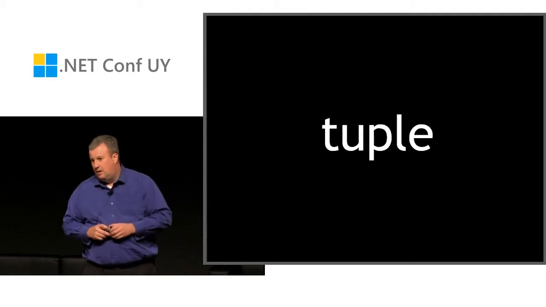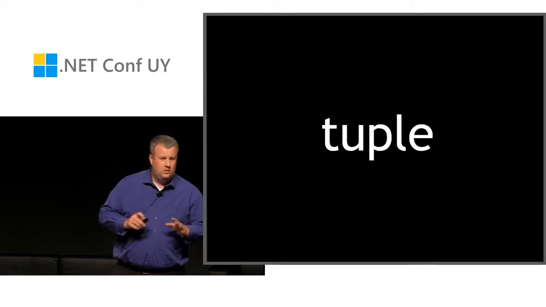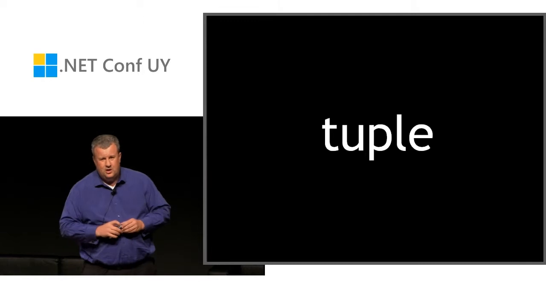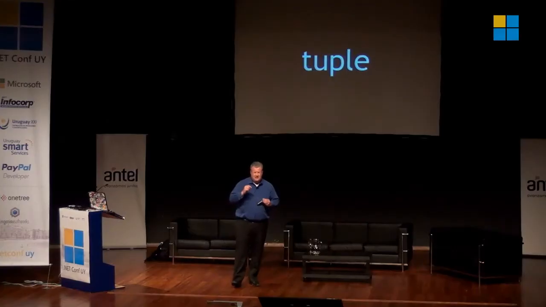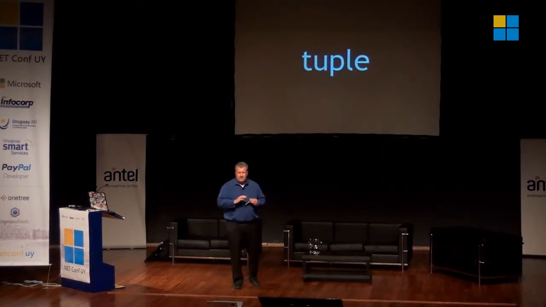The first one we're going to talk about is tuples. Is everybody familiar with what a tuple is? A few of you. This is a newer feature in .NET, in C#. I believe it came in C# 4, I might be wrong on that. The tuple is a relatively simple data construct.